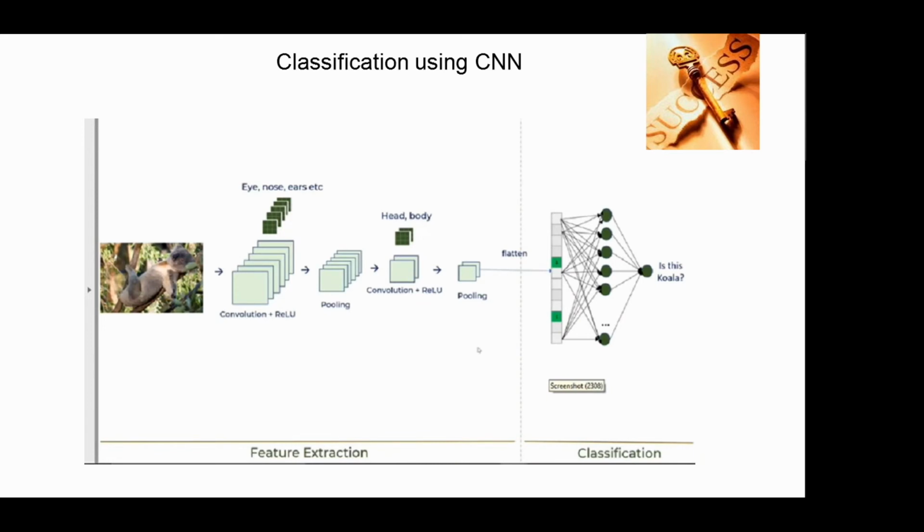How to do classification using a convolution neural network? In a convolution neural network we have two operations: convolution and pooling. In unsupervised learning, pooling was replaced by dimension reduction, which was done by PCA, principal component analysis.